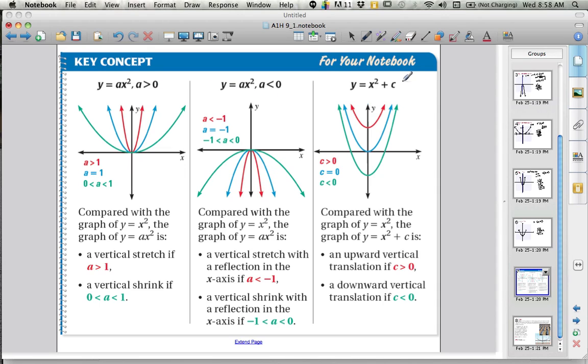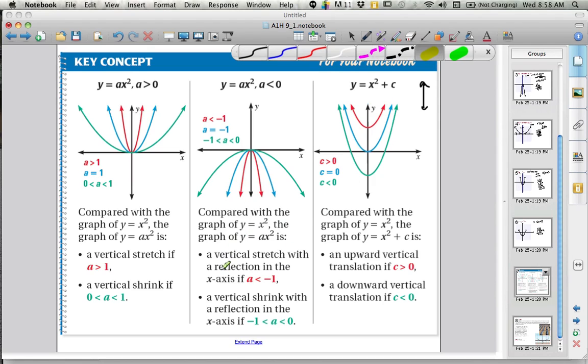And when we add the c value, my graph is going to move up or down based on the c value. So c relocates the parabola by shifting it up and down. Okay, so c creates a vertical shift we call a translation. When the leading coefficient is negative and the graph flips over, we call that a reflection.